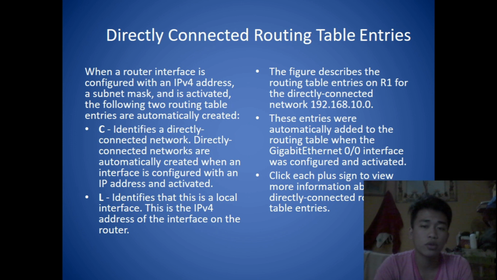In the directly connected routing table, we have C and L. When a router interface is configured with an IPv4 address and subnet mask and is activated, the following two routing table entries are automatically created. C identifies a directly connected network and L identifies that this is a local interface.